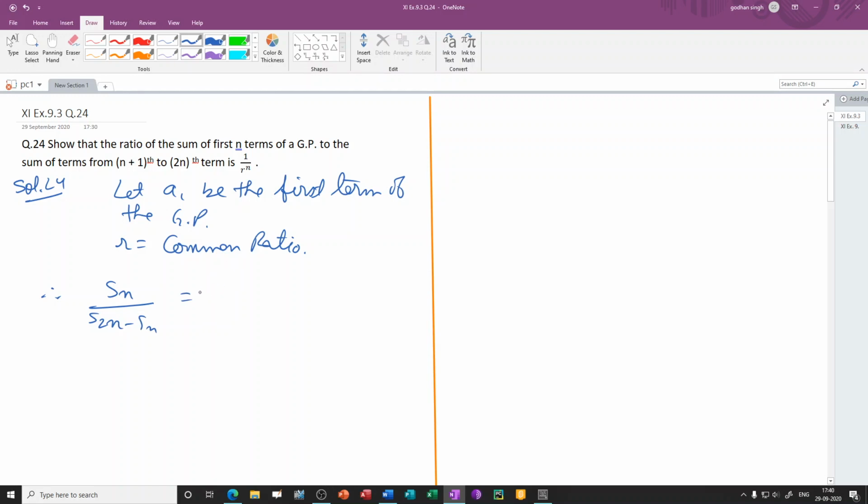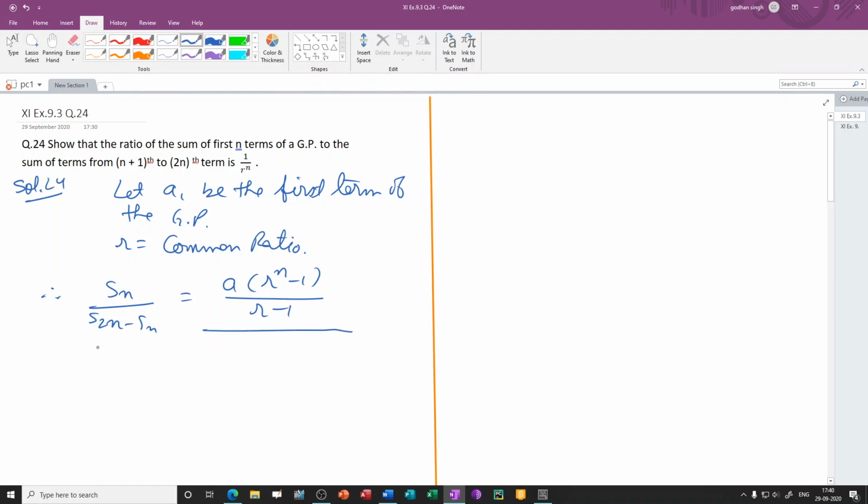Directly we can write equal to, now what is Sn? We know that the sum of n terms of the GP is, just we'll apply the formula, a into, and how many terms are there for the sum of the first n terms of the GP, Sn? The number of terms in this case is n. So a into r raised to n minus 1 over r minus 1, and this whole divided by S2n. What is S2n?